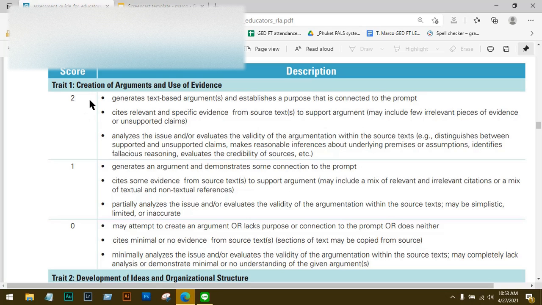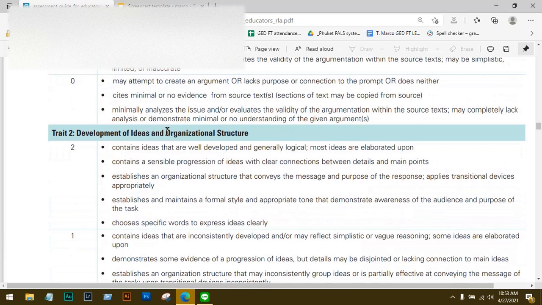Now let's go to trait 2, which is development of ideas and organizational structure. How coherent, how cohesive is your essay? Is it organized well? So you will have a score of 2 if it contains ideas that are well developed, meaning you use proper transition, and most ideas are elaborated.